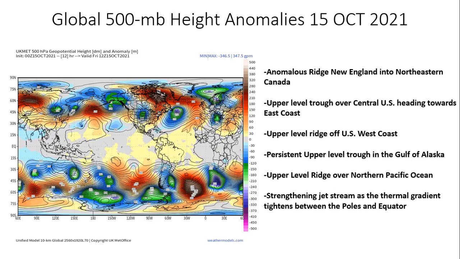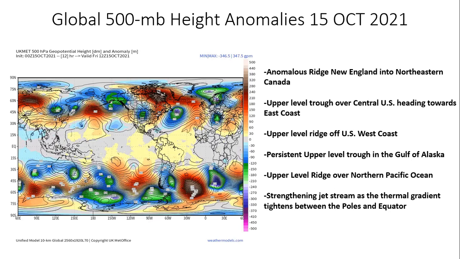We do have a strengthening jet stream, and I can tell you that by the packing of these geopotential height lines, these solid black lines. The more tightly packed they are, the greater the wind speeds. So I can identify where that jet stream is residing based on the packing of those solid dark lines, the lines of equal geopotential height.